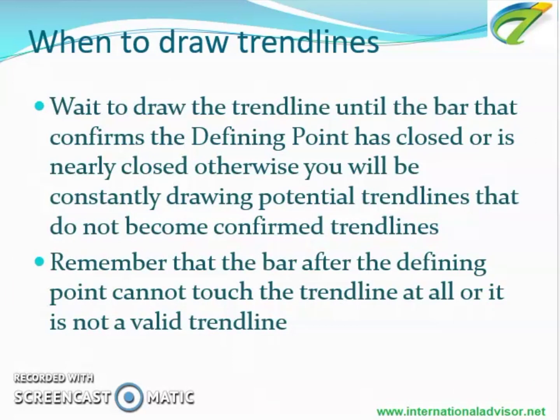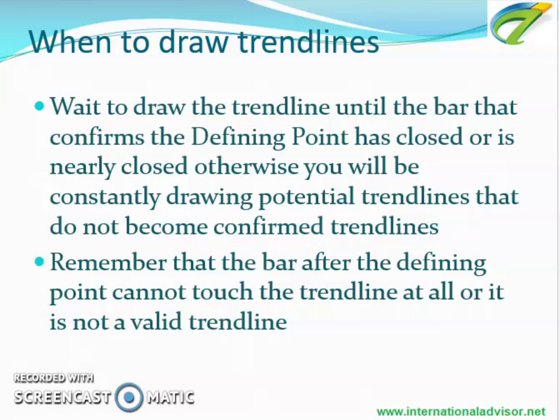So when to draw the trend lines? Wait to draw the trend line until the bar that confirms the defining point has closed or is nearly closed. Otherwise, you will be constantly drawing potential trend lines that do not become confirmed trend lines.